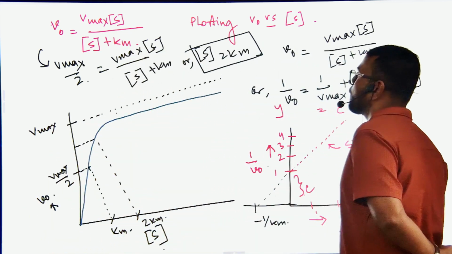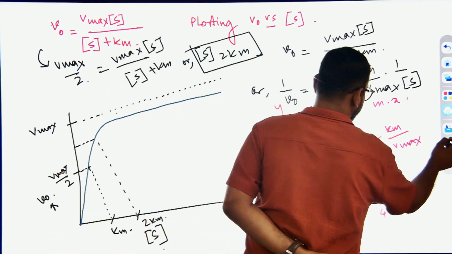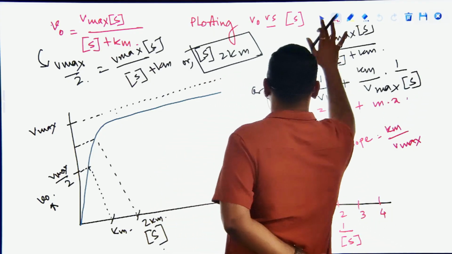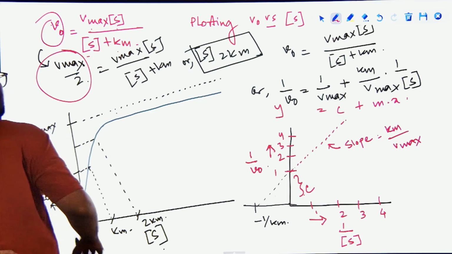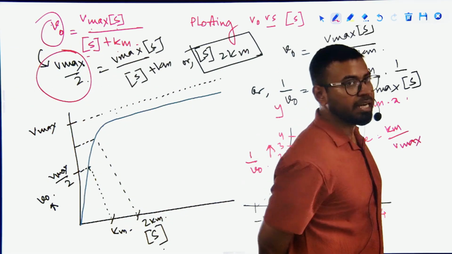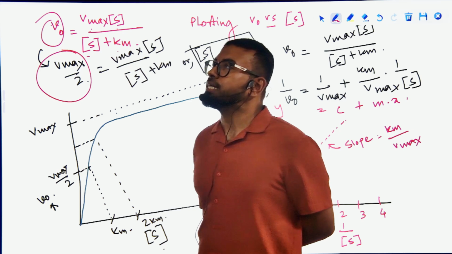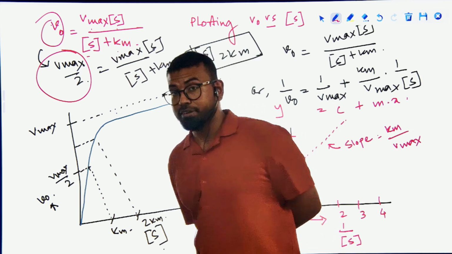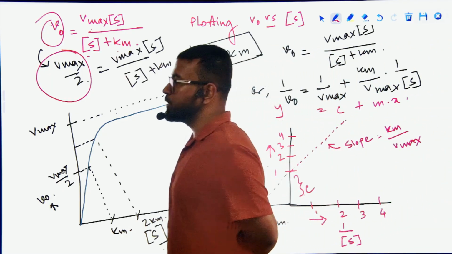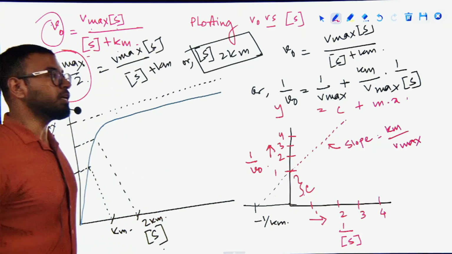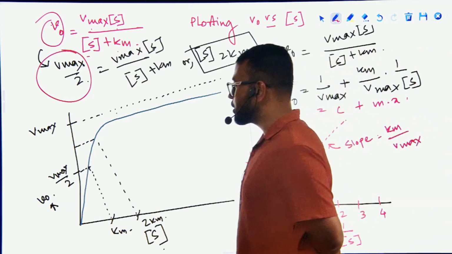Now, if V naught equals Vmax by 2, as I have stated in the graph previously regarding Michaelis-Menten kinetics, when substrate concentration is much, much greater than enzyme concentration and V naught equals Vmax by 2, then substrate concentration should be Km.